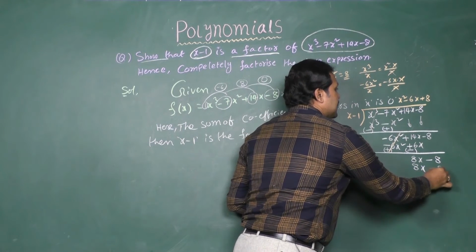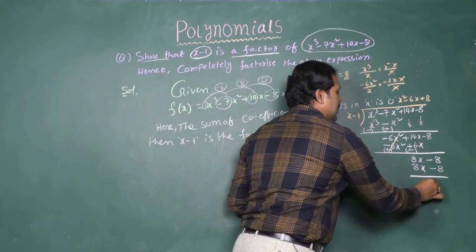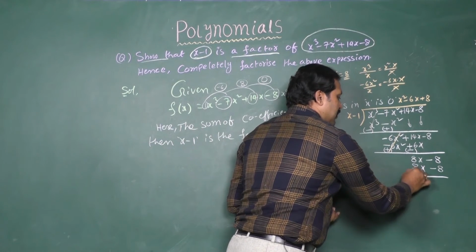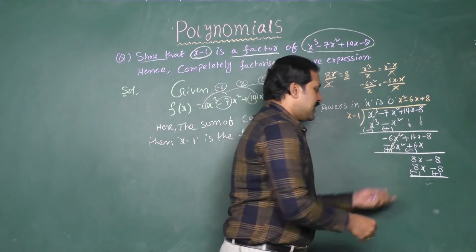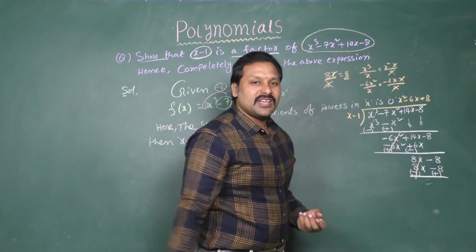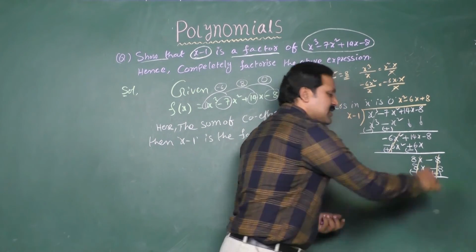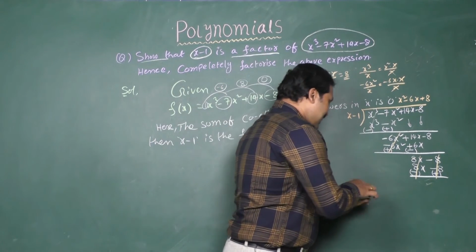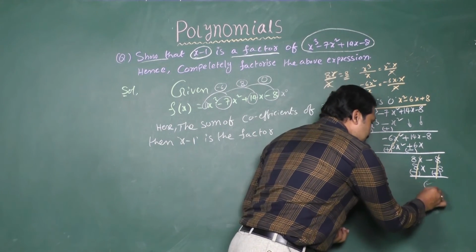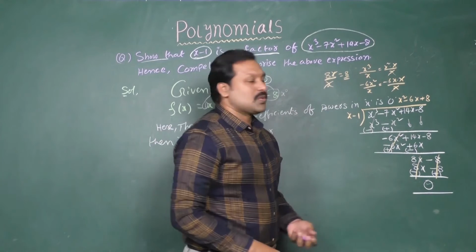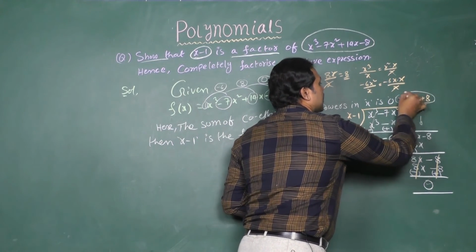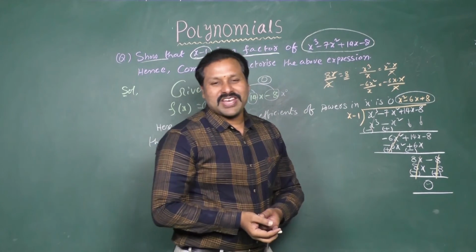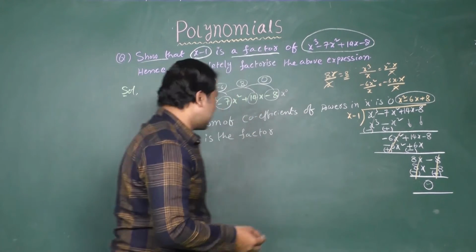Change the signs. So plus 8x minus 8x gets cancelled. Minus 8 plus 8 gets cancelled. The remainder is 0. So what do you get as the quotient? The quotient is x square minus 6x plus 8.